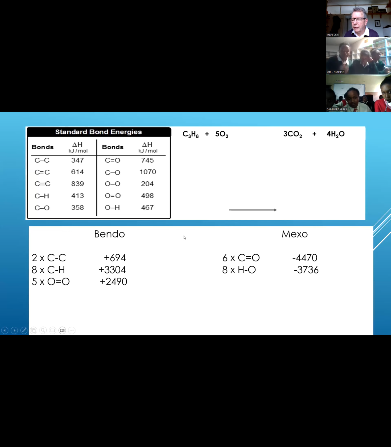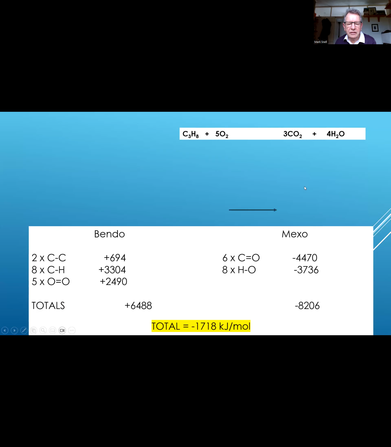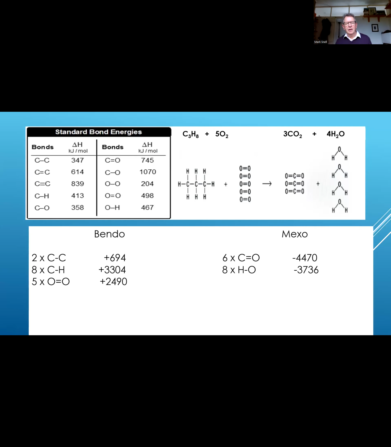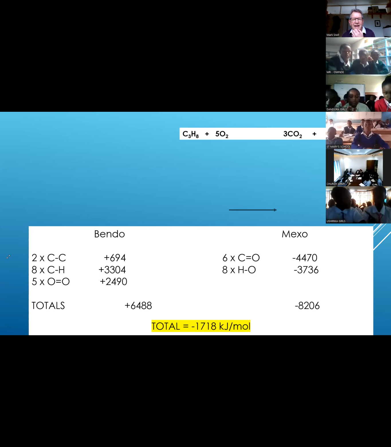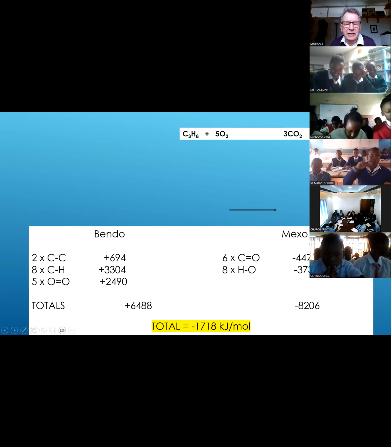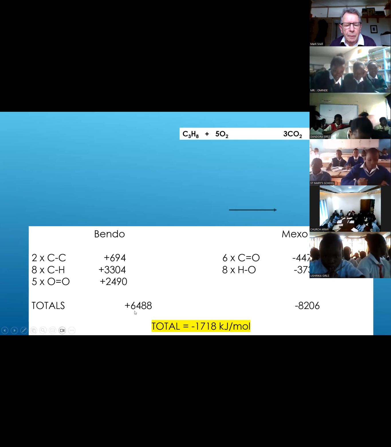If you total those, we get that. So the total of the breaking bonds, which is endothermic, meaning a positive number, will be 6488, if my arithmetic is right, and 8206 on the right-hand side.